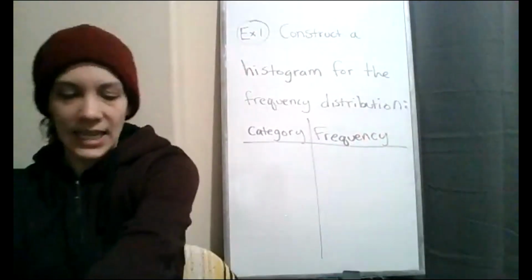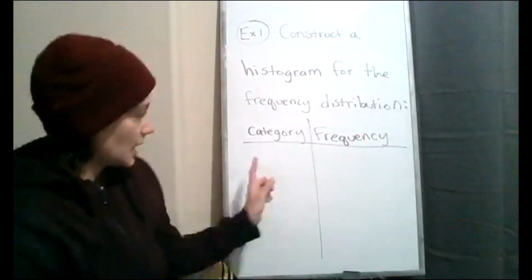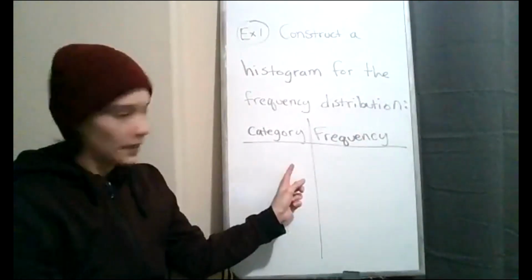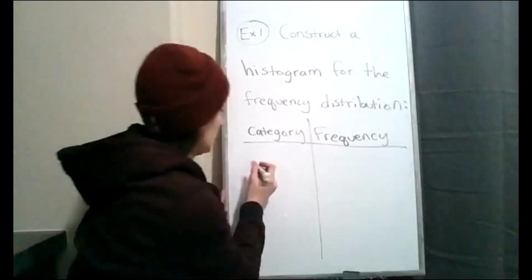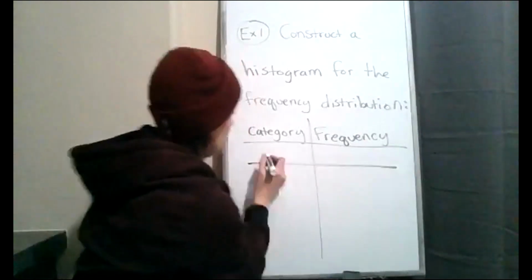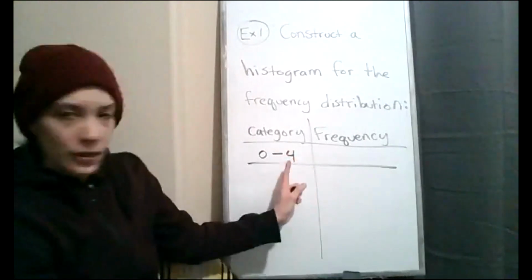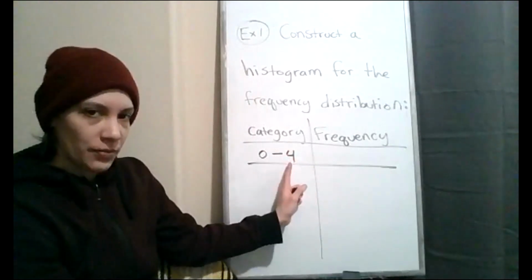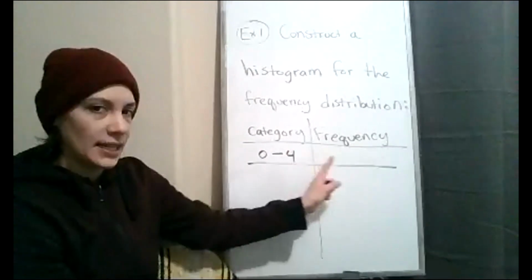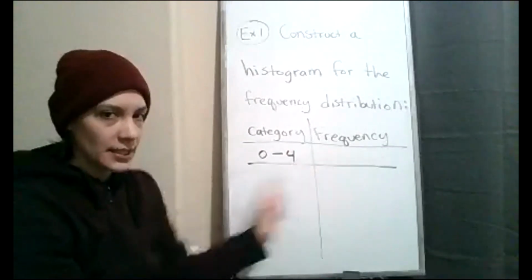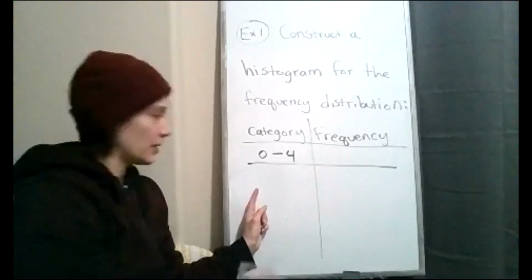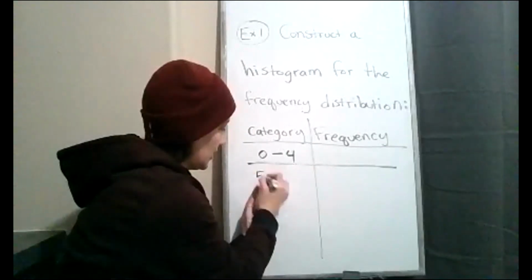The first interval is from 0 to 4, and it includes things like 4.5 and 4.9 and 4.99999, as close as you can get to 5, but you start at 5 on the next interval.